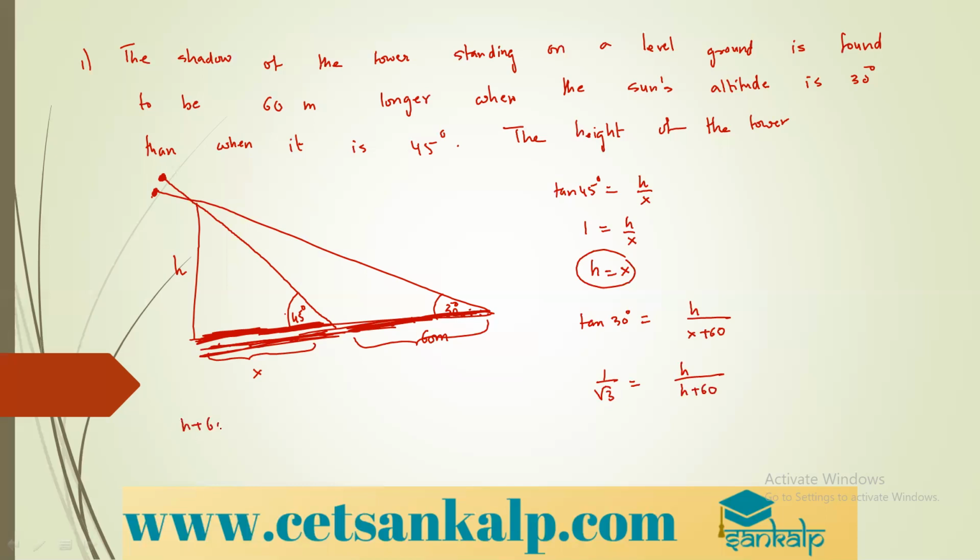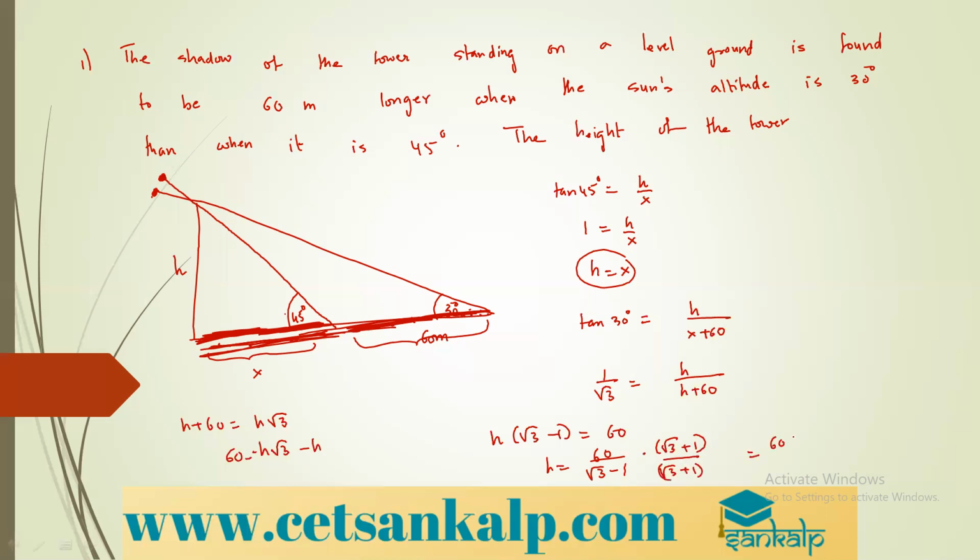So h plus 60 equal to h root 3. H root 3 minus h is equal to 60 or h into root 3 minus 1 is equal to 60. H is equal to 60 by root 3 minus 1. You can rationalize by multiplying root 3 plus 1 up and down.